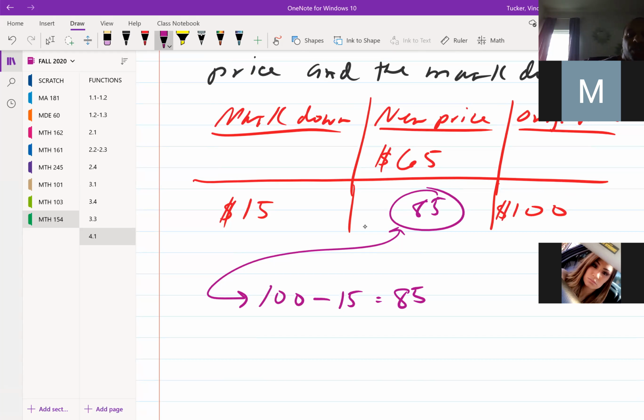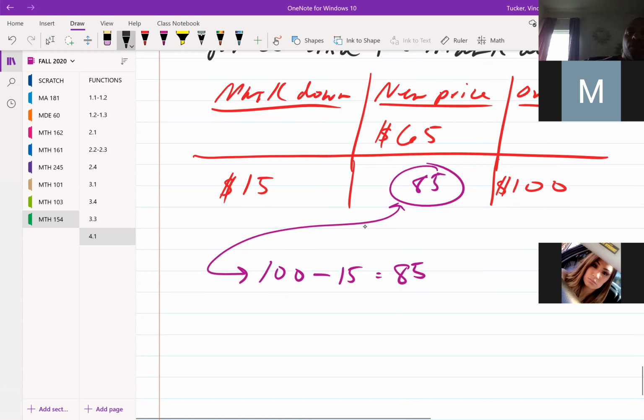I'm going to just do it according to what they have, but they're making this harder than what it has to be. So if you want to figure out these other two pieces, you can use your proportions. We have our new price of that top, which is 65. Let's find the original price.